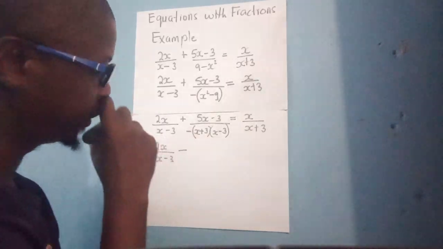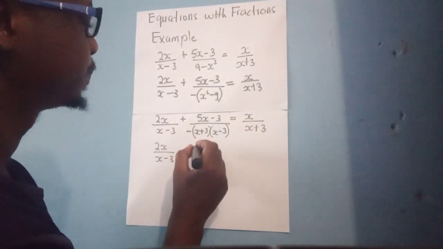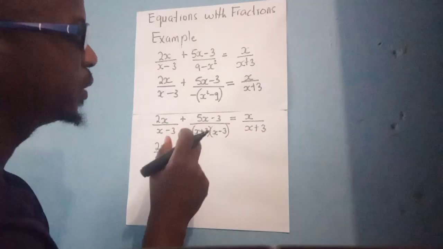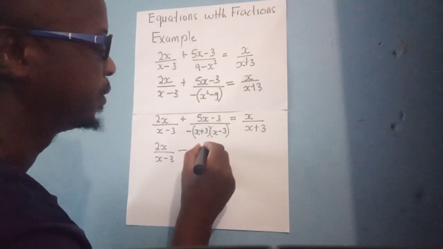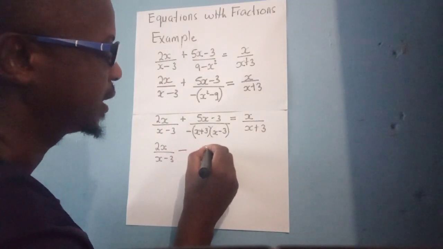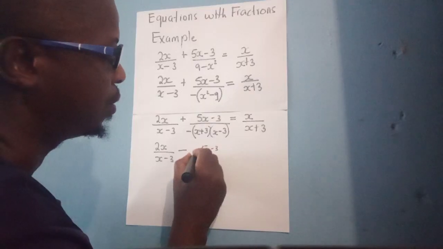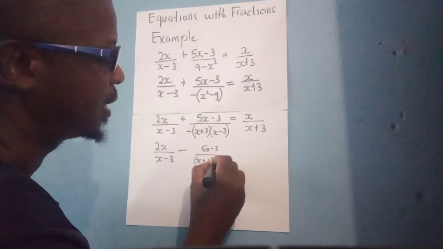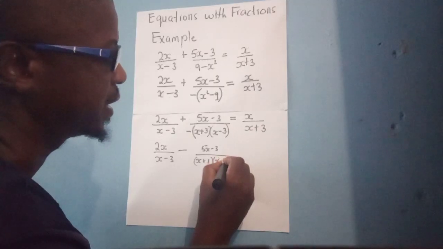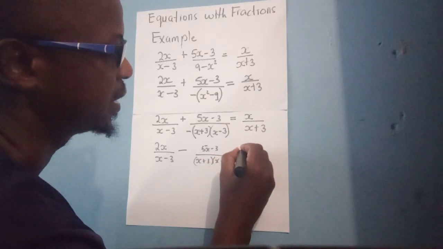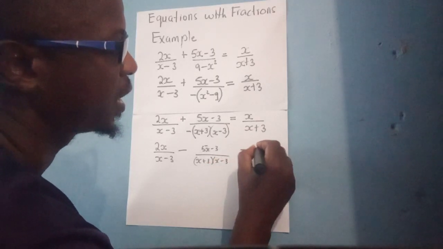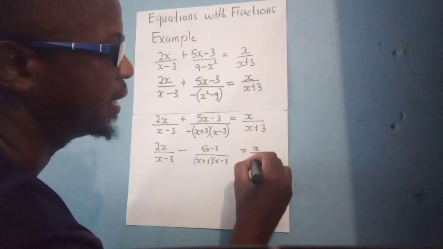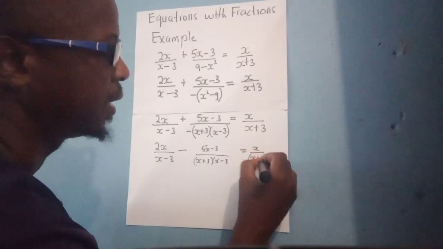So I'm going to have to say 5x minus 3 over x plus 3, x minus 3 is equal to x over x plus 3.